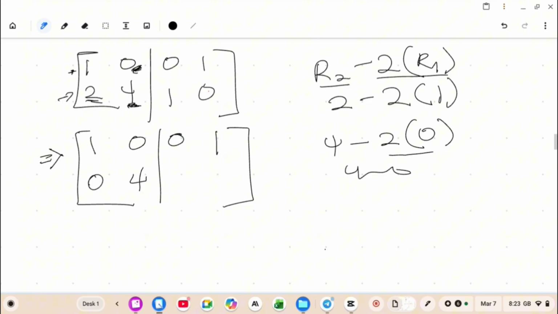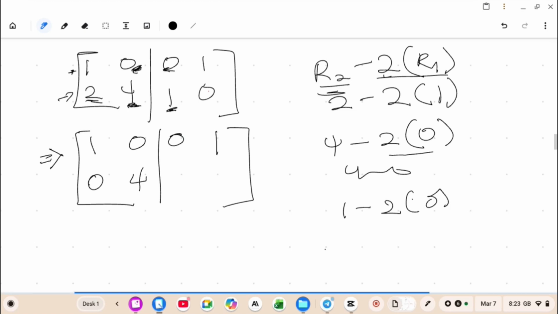We move to this one. The same formula, row 2. The row 2 is 1. So 1 minus, we said 2 row 1, but row 1 here is 0. So 2 multiplying 0 is 0, minus 1.